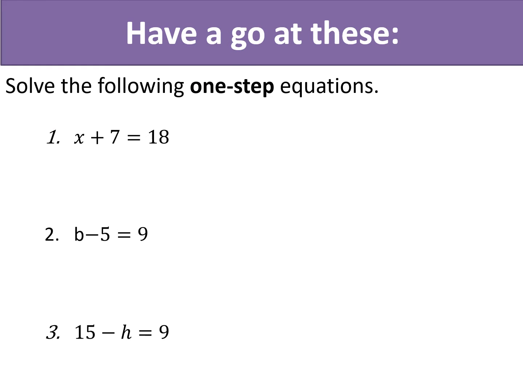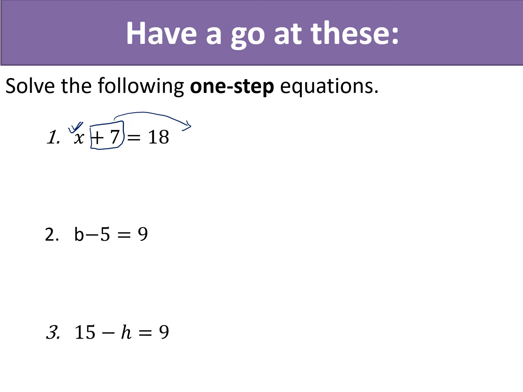So let's solve the following equations. I have a question: x plus 7 equals 18. In order to solve this equation, I need to move this 7 to the right hand side because I'm finding the value of x, which is a pronumeral here.